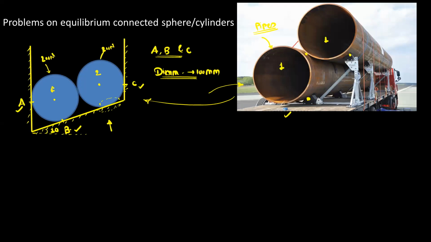Okay, so to find out the support reactions in the given problem, we have to draw the free body diagram. Okay, so your first step when you solve this problem, draw the free body diagram. So in the free body diagram, you have to isolate the sphere 1 and sphere 2.